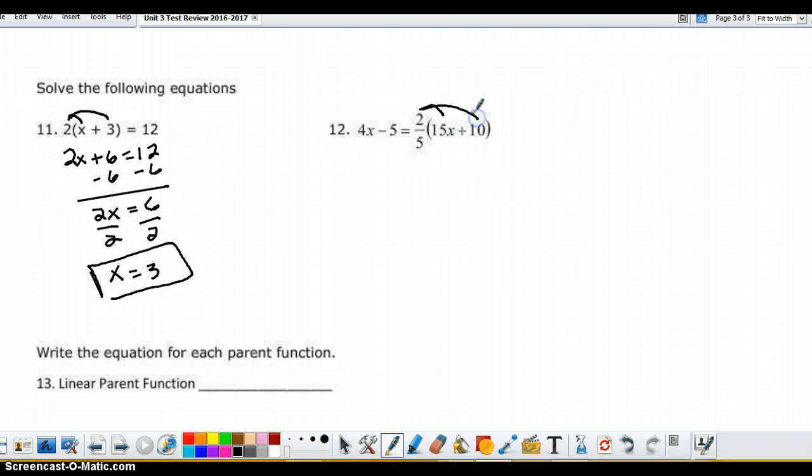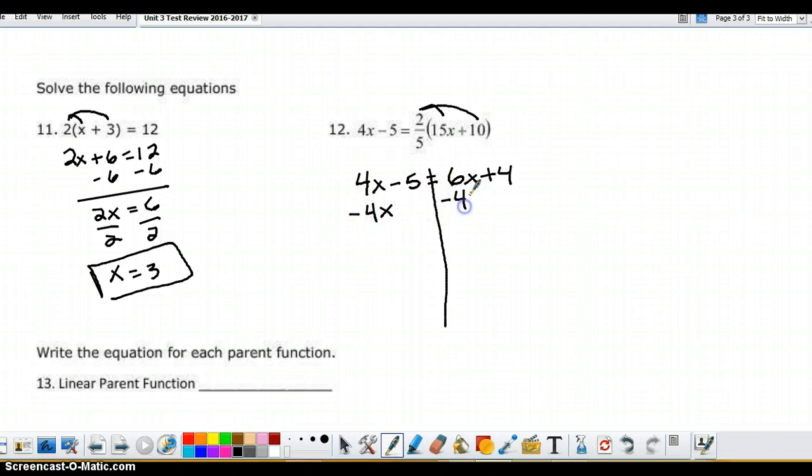Alright, fraction, don't let the fraction hurt you. So 4x minus 5 equals, we could put this in the calculator, or 15 divided by 5 is 3, times 2 is 6, 10 divided by 5 is 2, times 2 is 4. Alright, so now I'm going to move this 4 to the 6 because it's smaller.